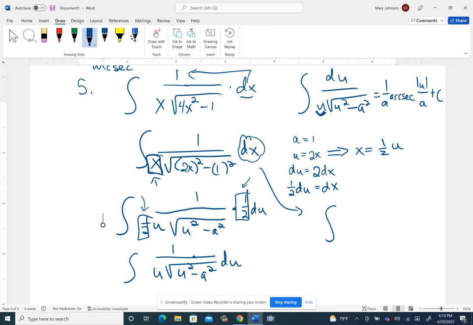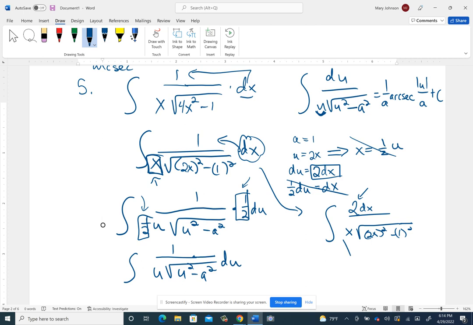All right, so right now we basically have the dx on top, right? 1 dx. This is really basically on top. Down here we have the x with the square root of 2x squared minus 1 squared, okay? So the thing is, instead of doing this business that we did before, what I could do is adjust so that I have a 2 dx on top by multiplying the top by 2.